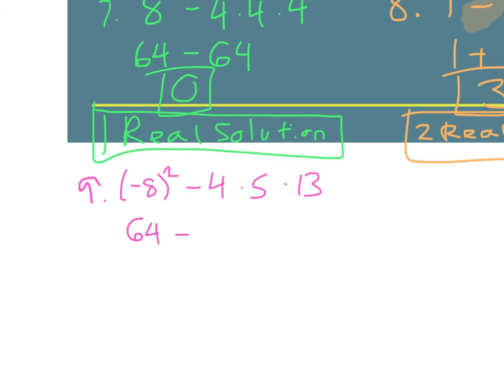And then we have 4 times 5 times 13. 4 times 5 is 20. And 20 times 13, 260. Perfect. So then 64 minus 260.